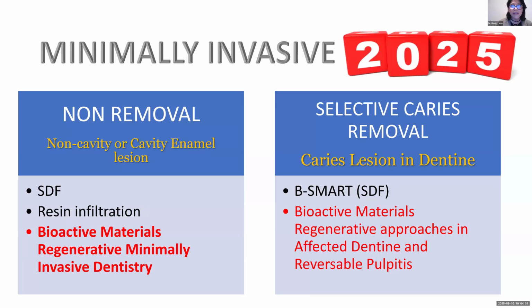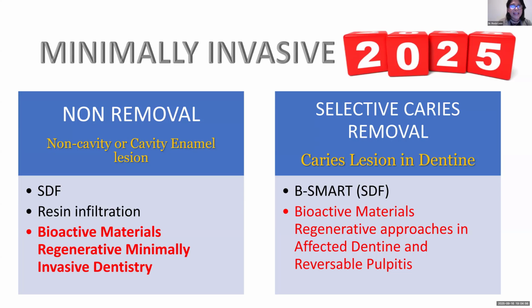It's perfect for minimal invasive dentistry. You have other kinds of materials like resin infiltration, but today you have bioactive biomaterials that make it possible to regenerate these kinds of lesions.